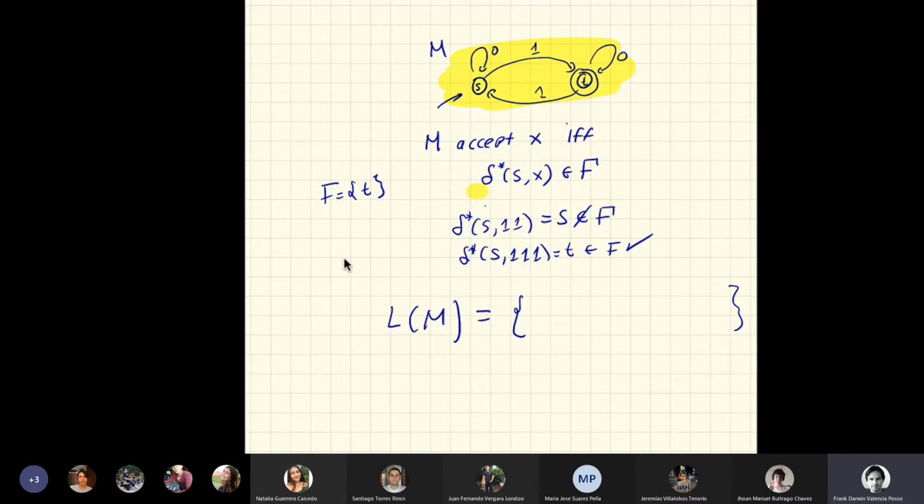Any ideas how to define that? In general, L of M. Jeremias? I'm thinking. Okay. In general, this is a general definition, it doesn't matter which automaton.